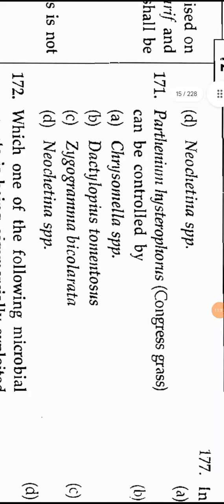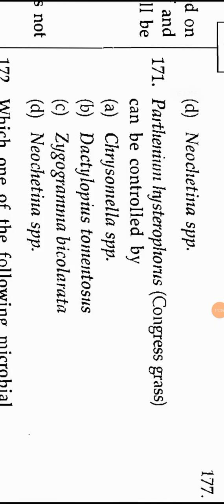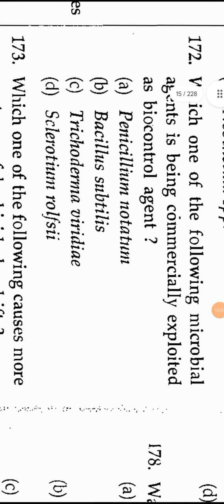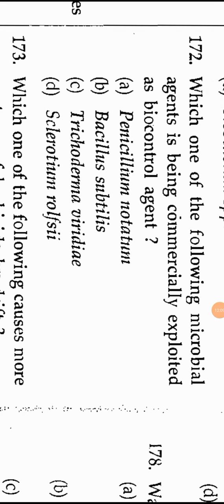Question number 121. Parthenium hysterophorus, that is the Congress grass, can be controlled by Zygogramma bicolorata. Which of the following microbial agents is being commercially exploited as a biocontrol agent? It is Trichoderma viride. Which of the following causes more wastage of herbicide by drift?